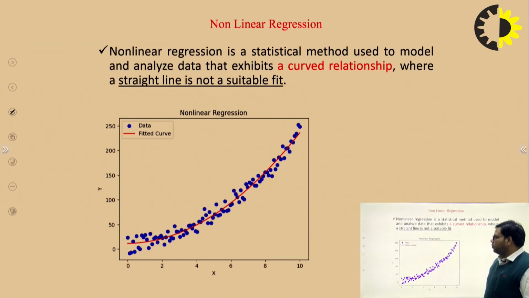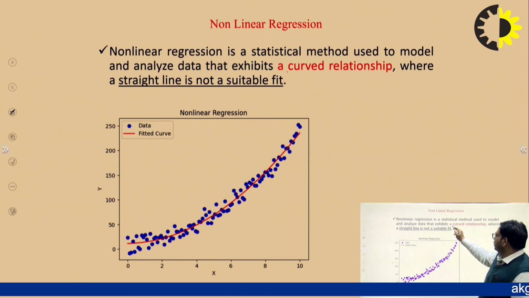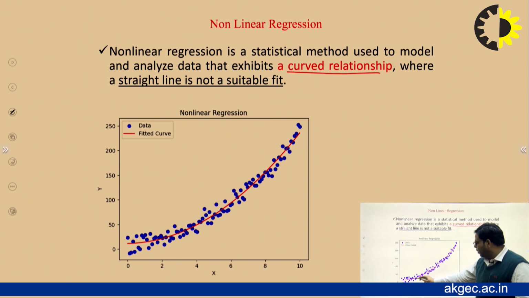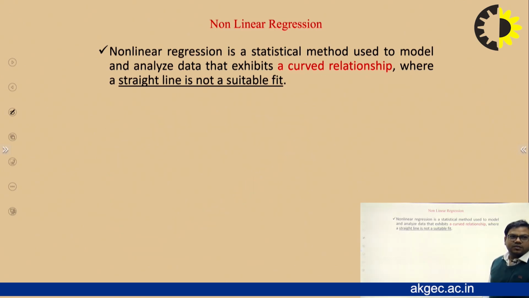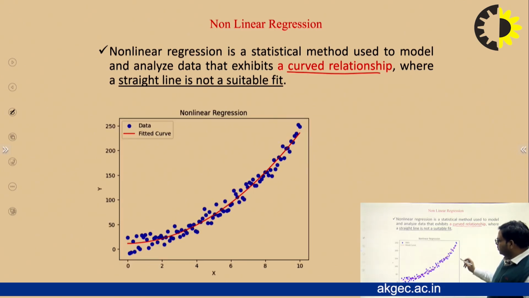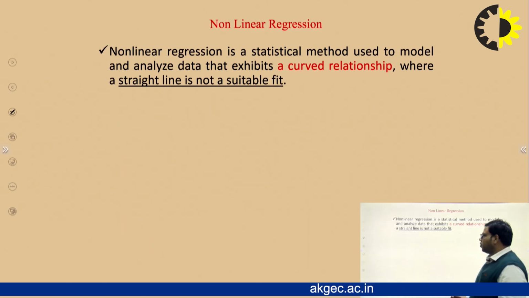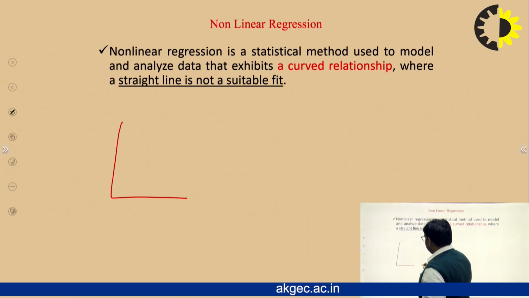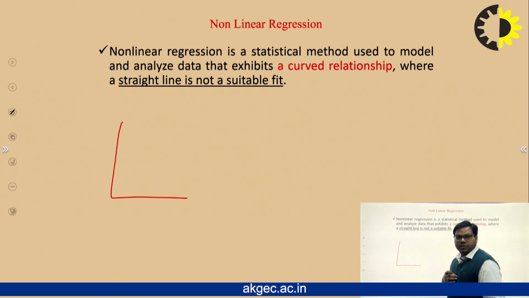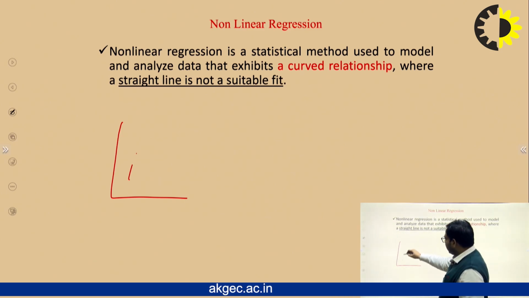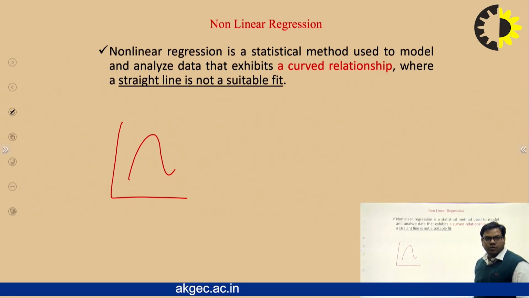So in the case of non-linear, rather than a straight line, we do have a curve. The shape of the curve is not limited to this. The shape of the curve could be like this. If we do have x and y in this form, the curve could be like this, the bell-shaped polynomial.